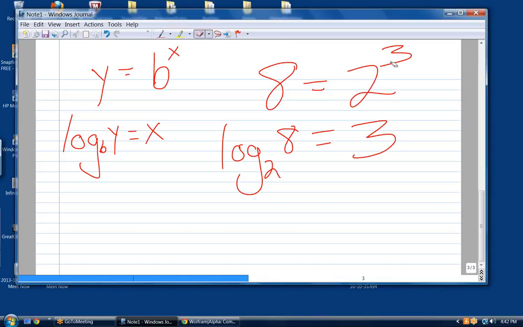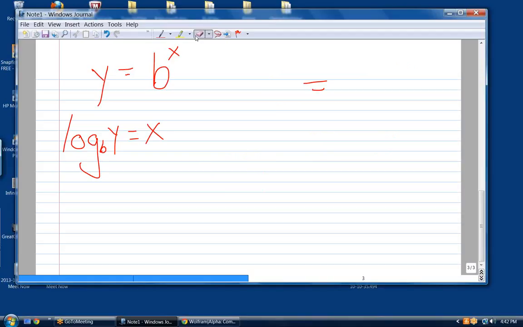If I wanted an exponential with e in it, let's see what e squared is. You have your calculator handy? Can you square e real quick? Approximately. E squared is 7.389.